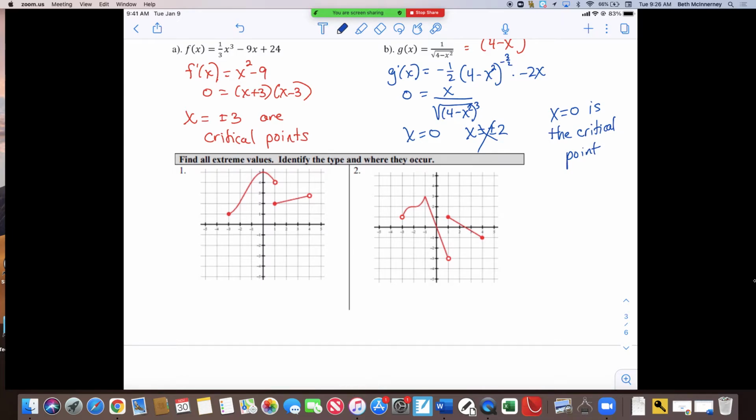The one on the left has a tricky part to it, but if you really look at the technical definition, and that's what we're going to tease out here, a relative max or relative min is a location on the graph that is higher than the points to the left and to the right of it. So be careful in number 1 and even number 2.